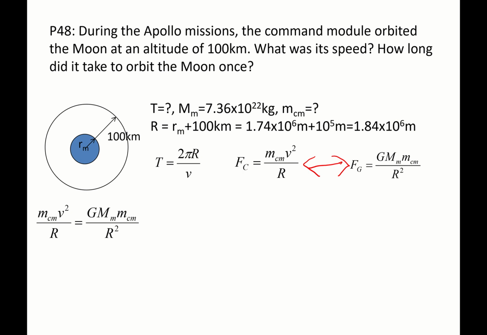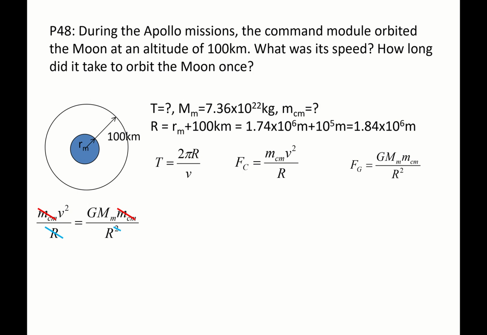So the mass of the command module just cancels out. So I don't actually need to know it. It doesn't matter how heavy the thing is that's in orbit, it's going to cancel out. I also have the radius on both sides, so I can cancel out one of the radii.